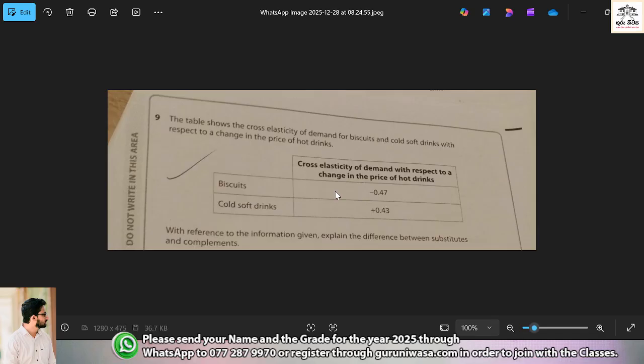Goods which pair along with each other, or like goods bundles. Then you can say biscuits and hot drinks seem to be or are likely to be complements, meaning biscuits and hot drinks are used together.